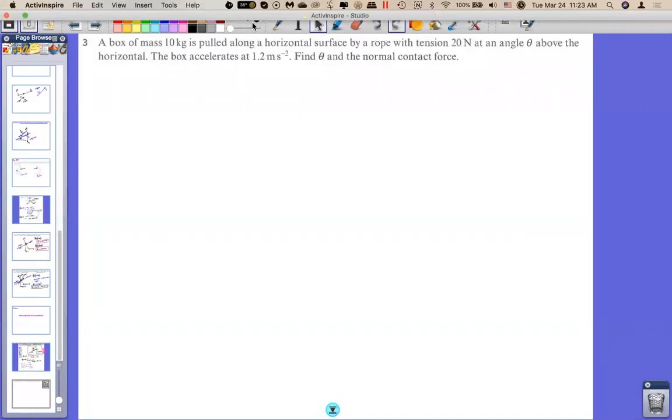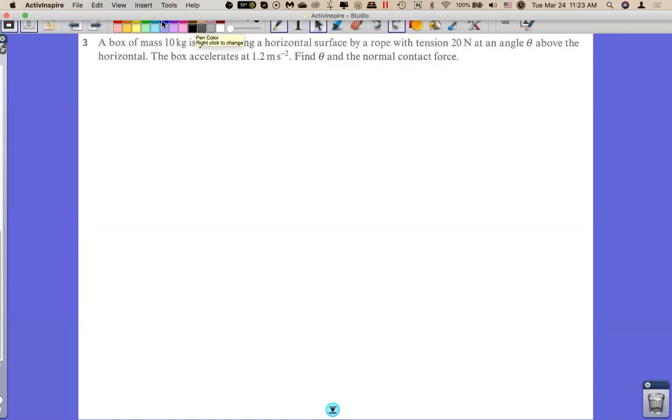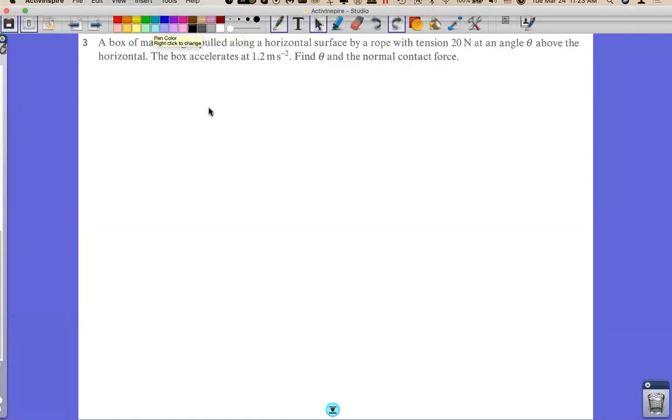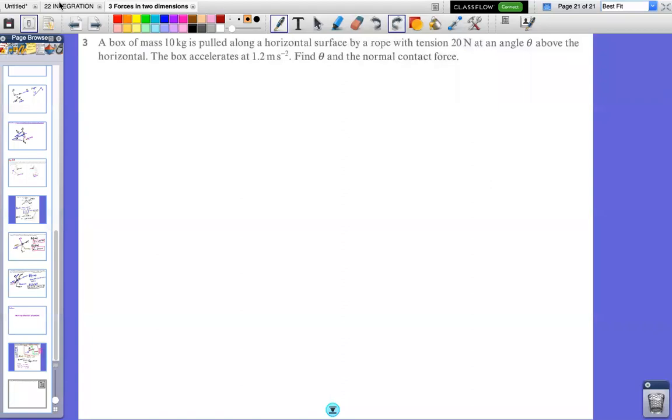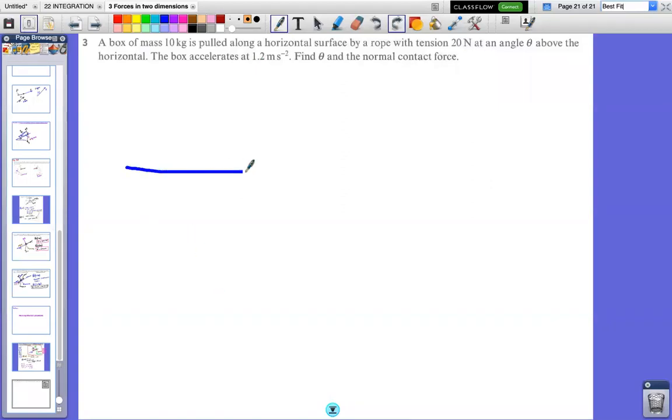Okay, it says a box of mass 10 kilograms is pulled along a horizontal surface by a rope with tension 20 newtons at an angle theta above the horizontal.